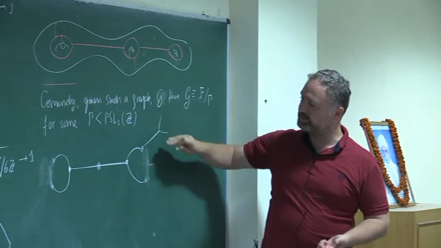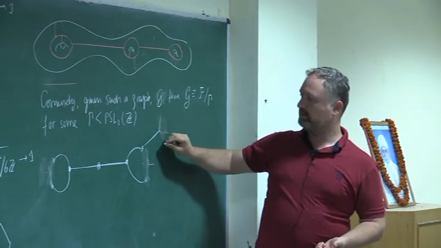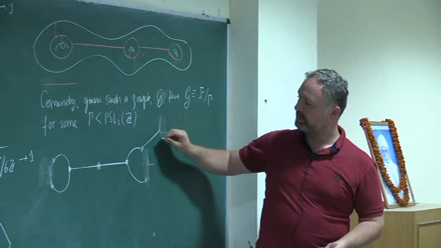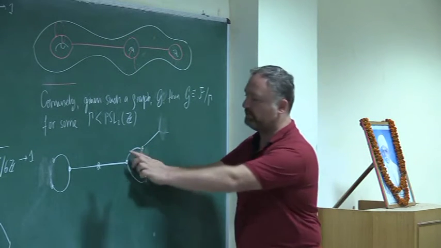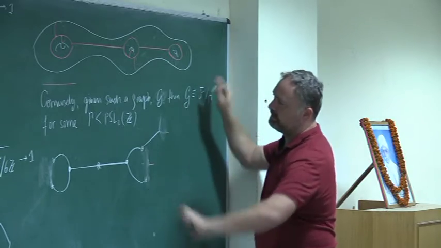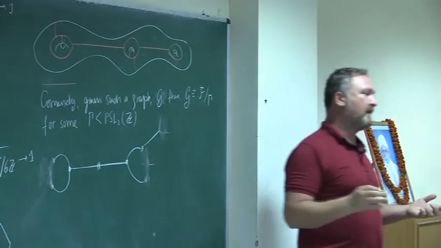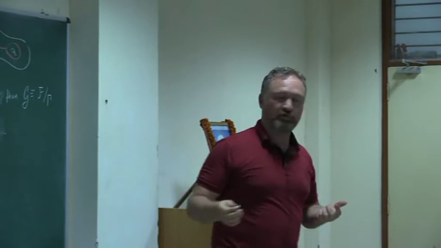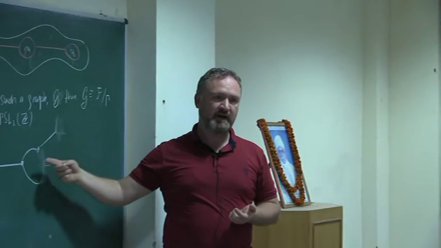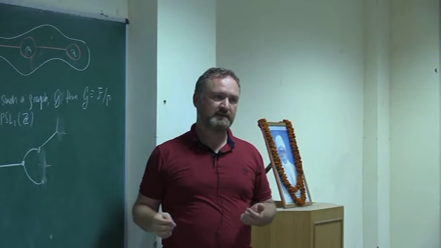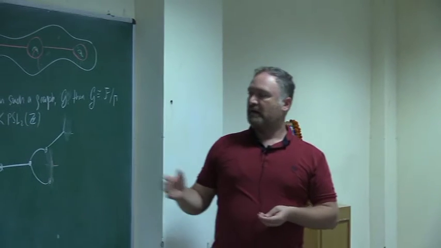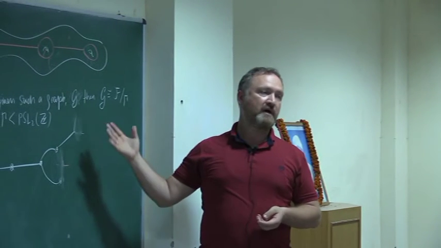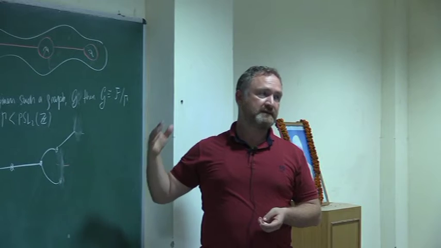Each time I glue the same thing, I take infinite copies of this and I glue here and here and I go on like that, and I end up with a tree. And this is going to be the universal cover of this graph in the very topological sense, if I consider this as a topological space. So we see that the universal cover of this space is a tree.